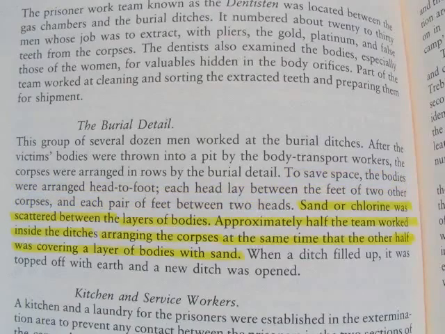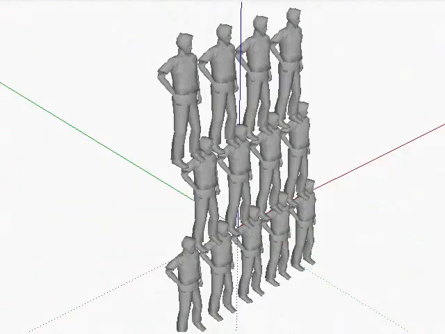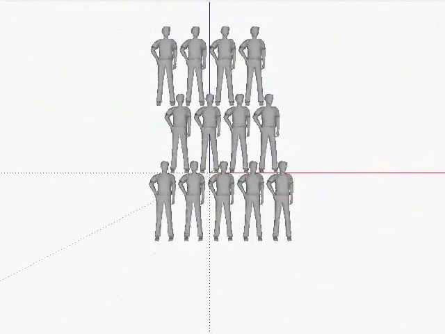Sand or chlorine was scattered between the layers of bodies. Approximately half the team worked inside the ditches arranging the corpses at the same time that the other half was covering a layer of bodies with sand. When a ditch filled up, it was topped off with earth and a new ditch was opened. Arad is saying that each layer looked something like this configuration.